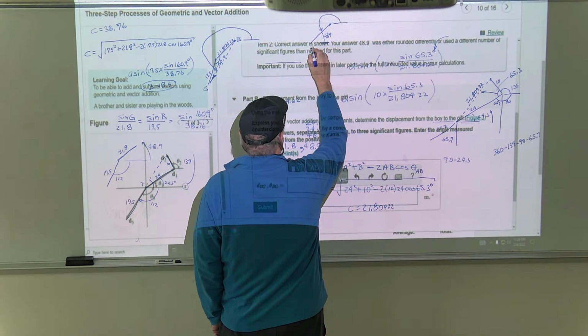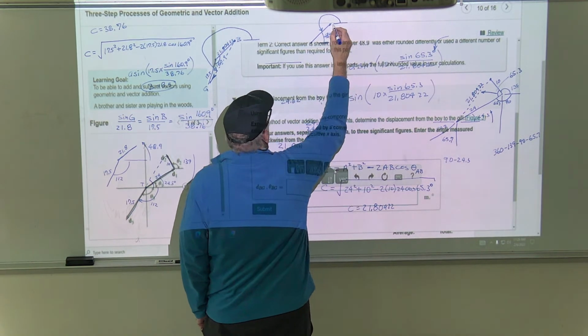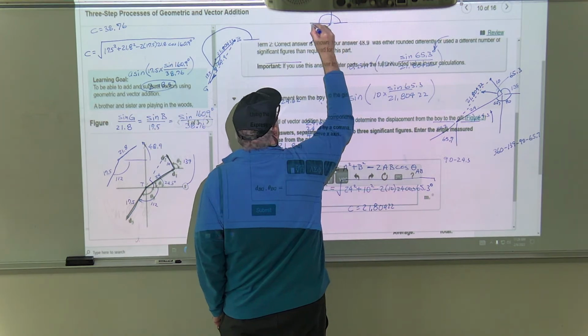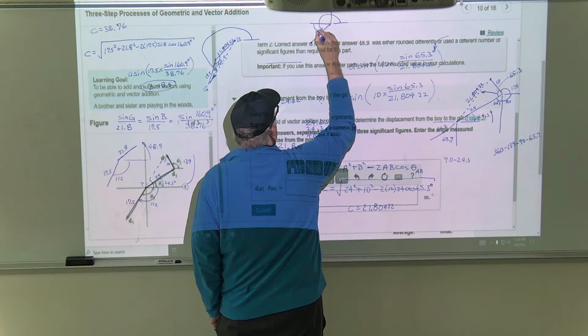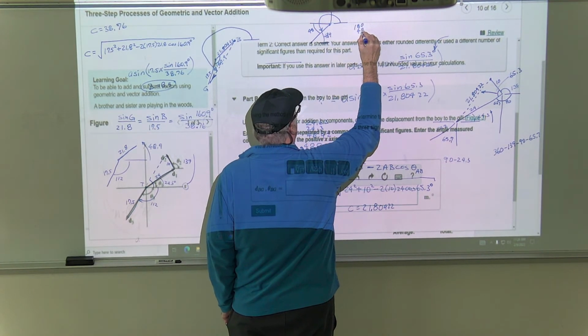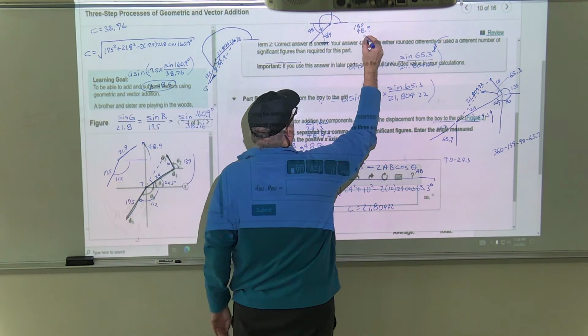So if you're measuring up from here, it's 48. Hang on. If that's 48, and that's got to be 48, and that's 180 plus 48. But then I have to sweep another 8.5.